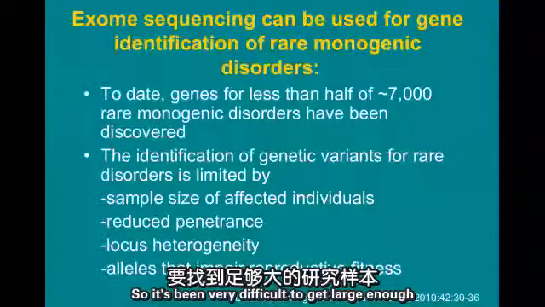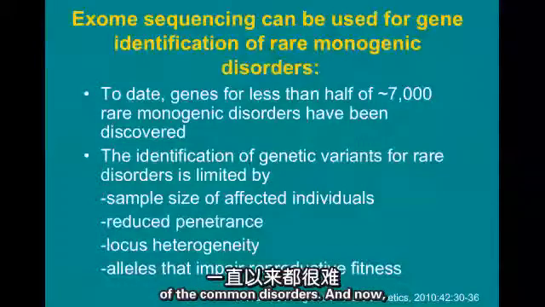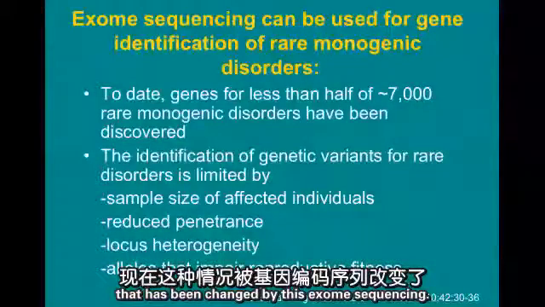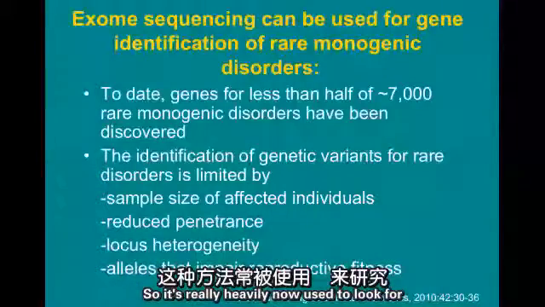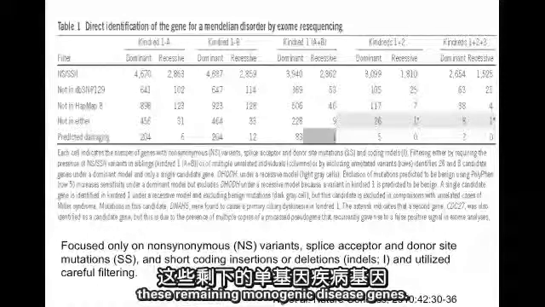So it's been very difficult to get large enough study samples to investigate the rare forms of the common disorders. And now that has been changed by this exome sequencing. So it's really heavily now used to look for these remaining monogenic disease genes.